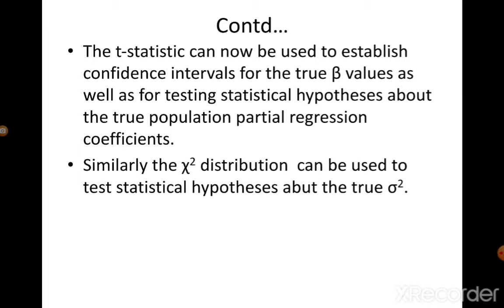This is exactly similar to how we established the interval estimates in the two-variable case, so I'm not going into too much detail. Similarly, for statistical hypothesis testing regarding the true population variance, you can use the chi-square distribution.